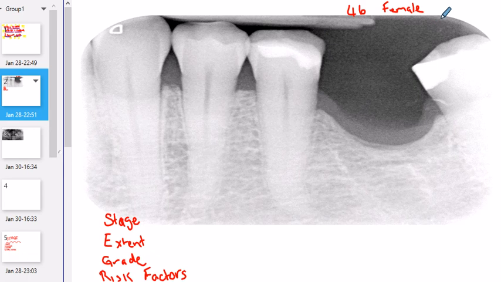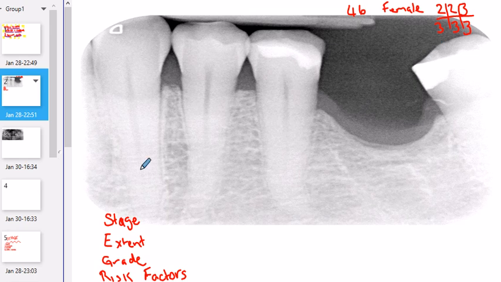They originally came in with a BPE of 2, 2, 3, 3, 3, 3. So that was their periodontal charting when they came in. They've had initial therapy, and I'm just going to use this most affected area to look at how we're going to grade them.